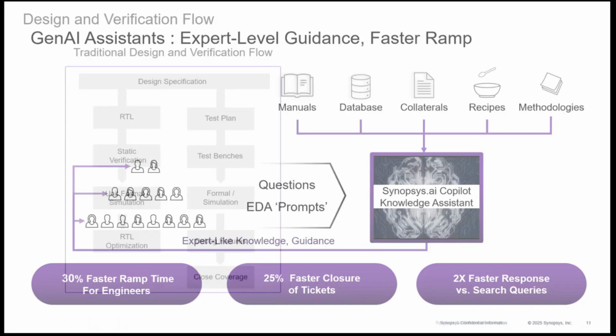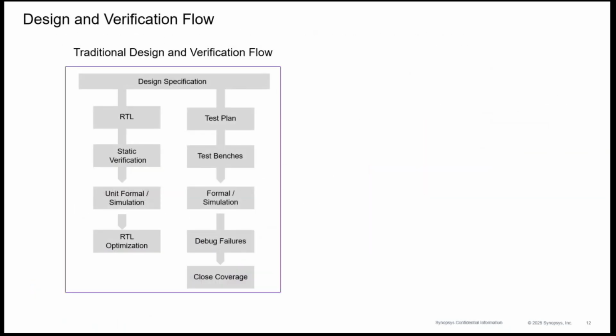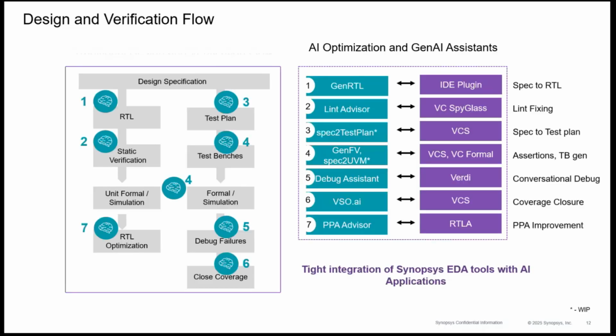The other application of Gen AI in the workflow is the agents. So here we can see these are the Gen AI assistants or agents that we currently have available. You can see they are available through the workflow, tightly integrated with the Synopsys tools.